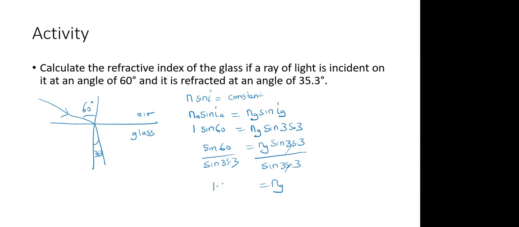Here I'm getting 1.49868, so I can conclude that the refractive index is approximately 1.5. Members, are we together on that? Are there units on our answer? No, there are no units, because sine i is an angle, and angle out of angle is nothing.